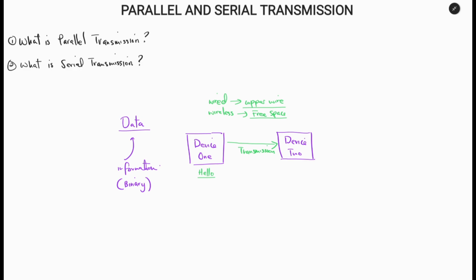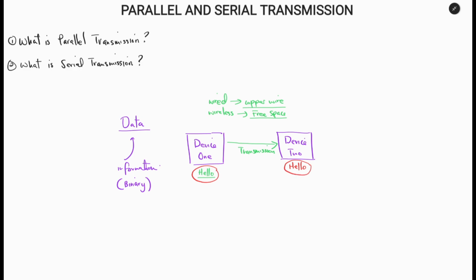And also we normally use the fiber optic cable, which is really fast and convenient for high-speed data transmission. When we discuss speed, we are going to look at the type of medium in which the data can be transmitted. And currently, fiber optic is much faster than the wired medium. And our main purpose is to transmit this information such as hello to appear at device 2.